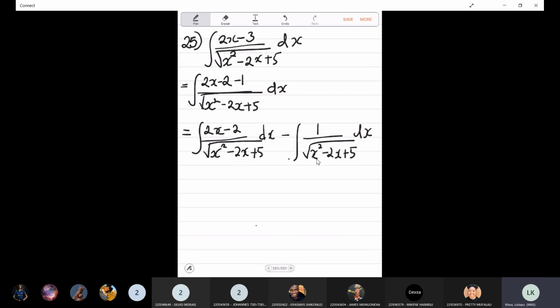And then here we have to complete the square in our denominator and see which arc trig or arc hyperbolic function we have to use.